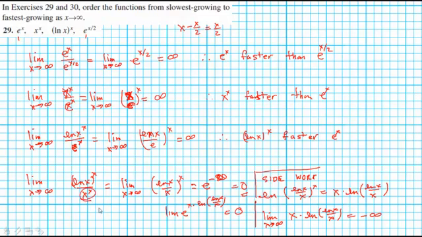This one's faster. So therefore, x to the x is faster than natural log x to the x. So who's slowest? e to the x over 2, then e to the x, then natural log x to the x, then x to the x. That's 29.